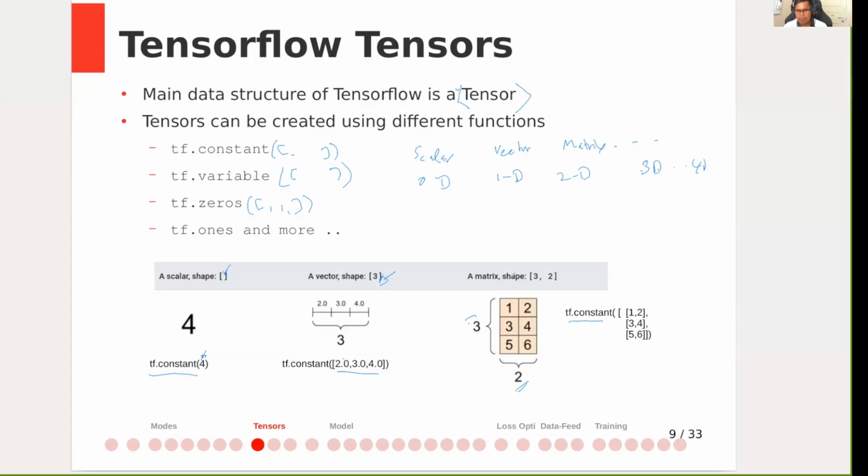If you look at the shape of this tensor, you will get 3, 2. 3 is the number of rows and 2 is the number of columns. Dimension 0 is 3, and dimension 1 is 2. This tensor has 2 dimensions, therefore it is a two-dimensional tensor.